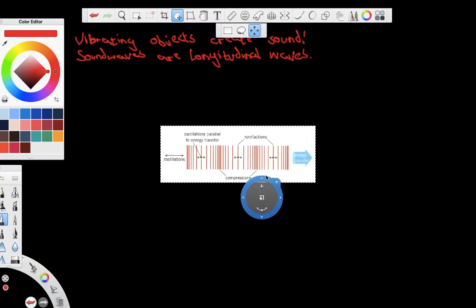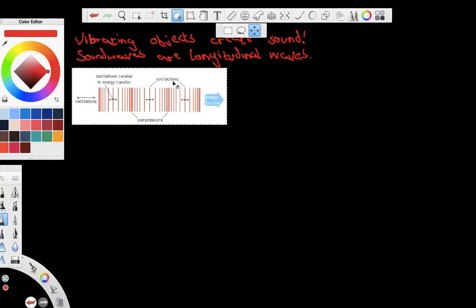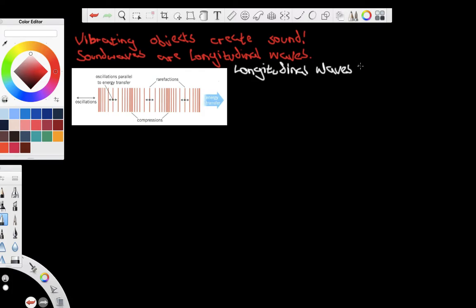So if we make this a little bit smaller so that we can use it, next to this we can write that longitudinal waves have areas of compression and rarefaction.